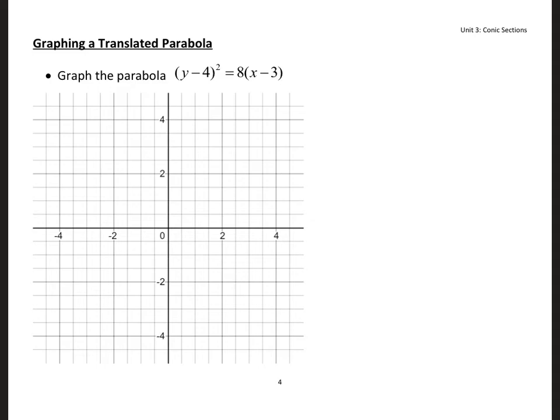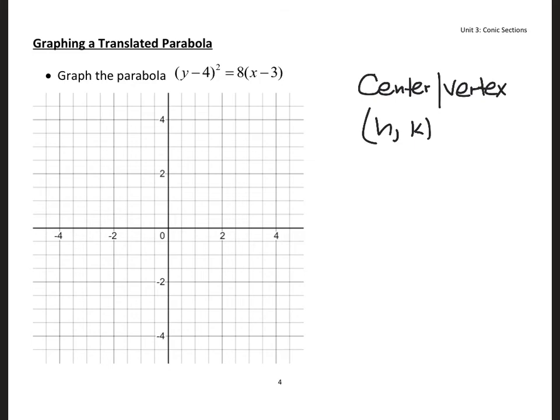Okay, here we are told graph the parabola. And if you're graphing the parabola, remember, what would you be looking for? I'll be looking for the center. And the center, or the vertex, if you just call it the vertex here, is going to be h, k.